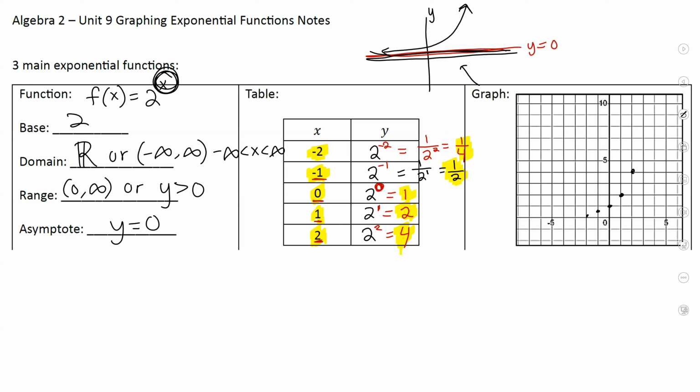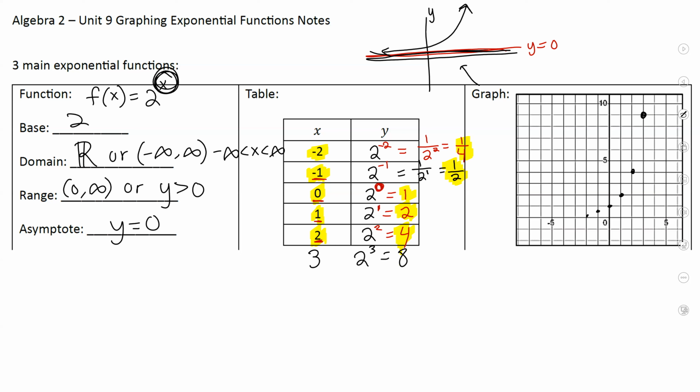And if I wanted to add another point in my table, if I plug in a 3, what is 2 times 2 times a third 2? 8. 2 times 2 is 4, times another 2 is 8. So if I want to graph that, 3, 8 is right there.